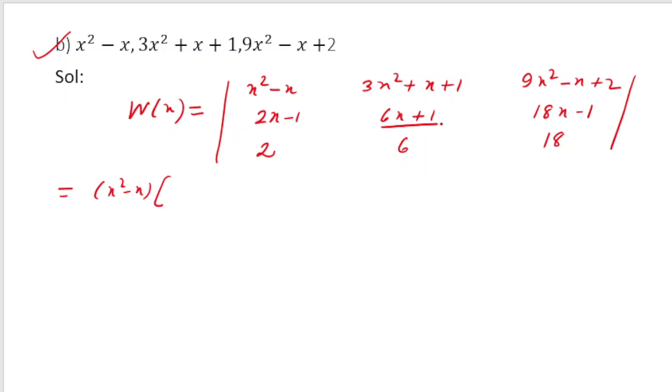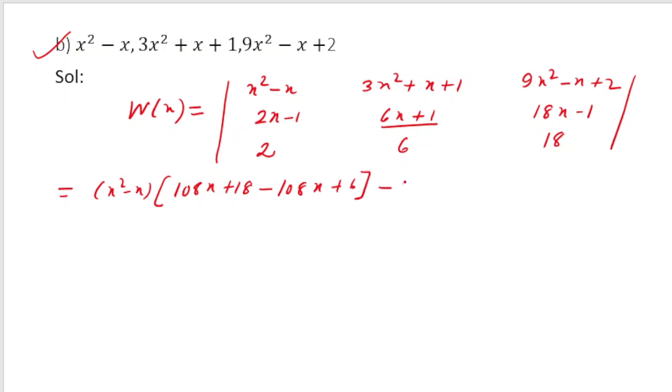And then 18x, 6x means we need to multiply, so 18 into 6, 108x plus 18, and minus 18 into, so this will also be 108x, and minus minus plus 6, right?